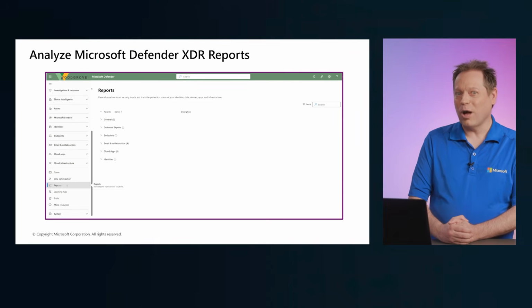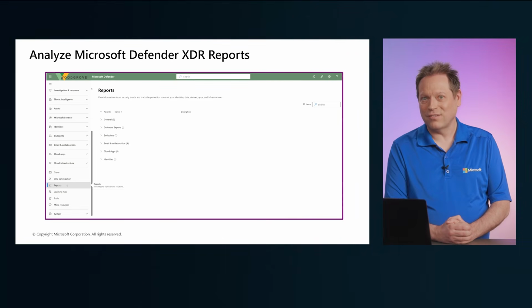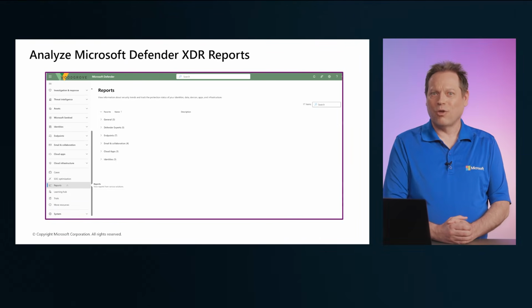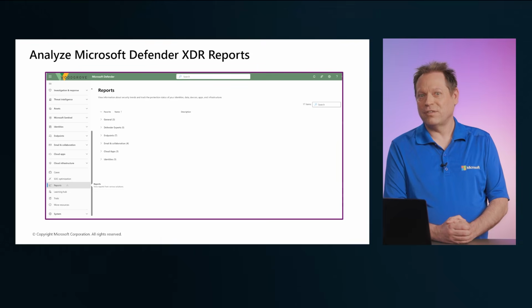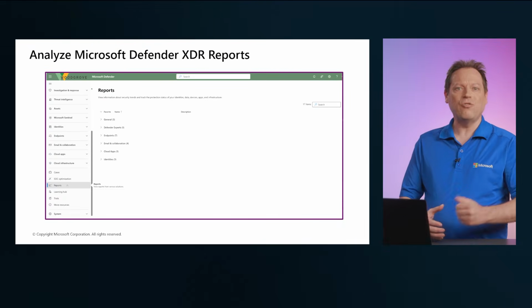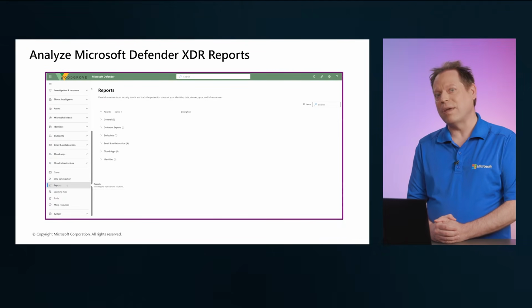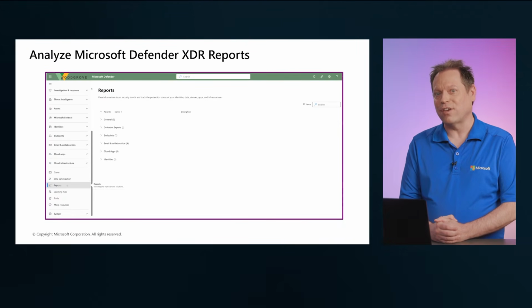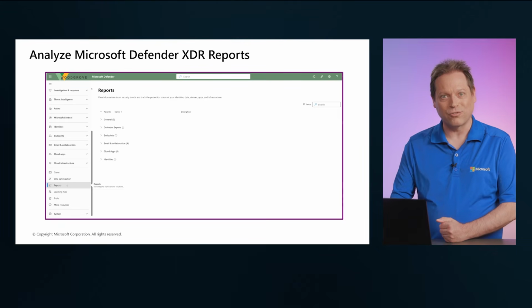Reporting helps you turn operational activity into insights and improvement in Microsoft Defender XDR. The reports area provides visibility into what's happening across detection and protection, helping you identify threats, measure impact, and communicate security outcomes to stakeholders.